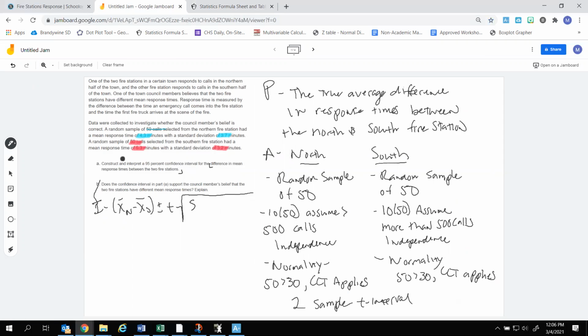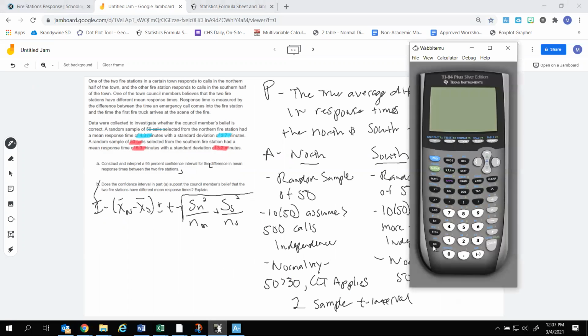So that's the standard deviation of the north squared over the sample size for the north, plus the standard deviation of the south squared over the sample size for the south. And then we go to our calculator. Stat test, this is a two sample T interval. We have stats, we do not have data.